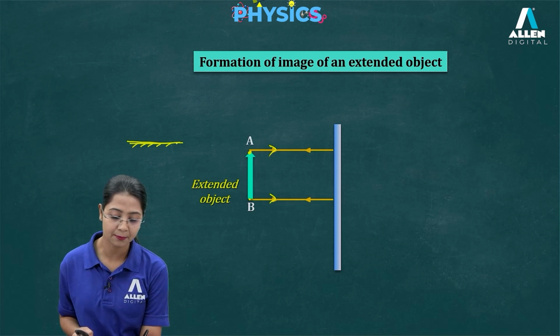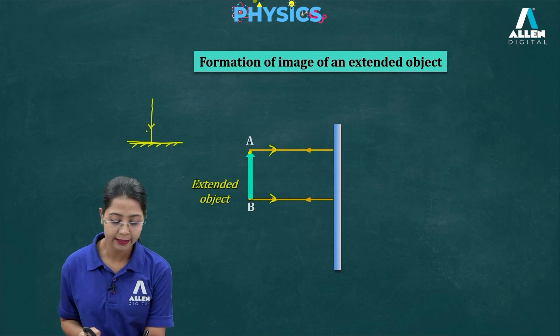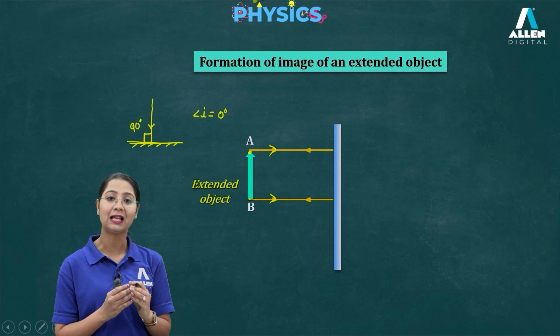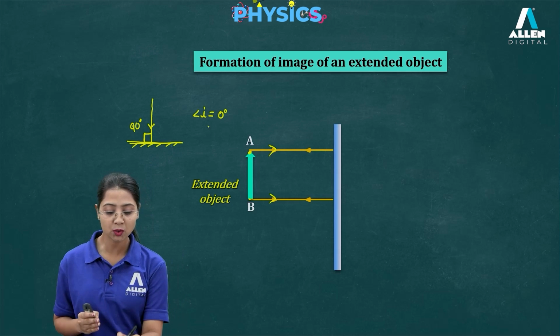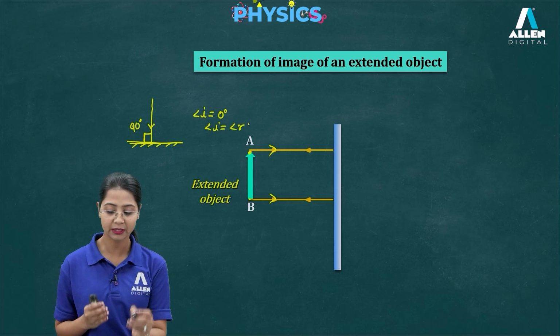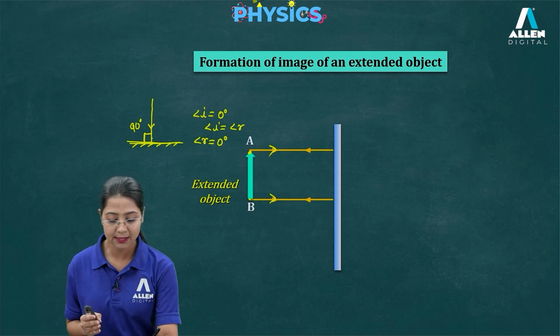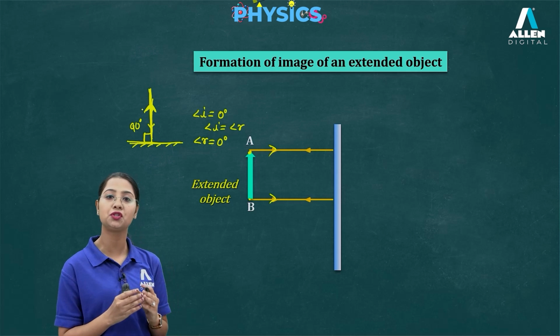In a plane mirror, if a light ray is coming at an angle of 90 degrees, then what is angle i? Angle i is 0 degrees. That means the angle between the normal and the incident ray is 0 degrees. And we know that angle i is equal to angle r. So definitely here angle r will also be 0 degrees, which means the reflected ray goes back on its original path, right?